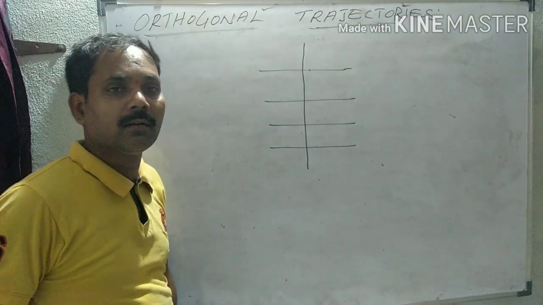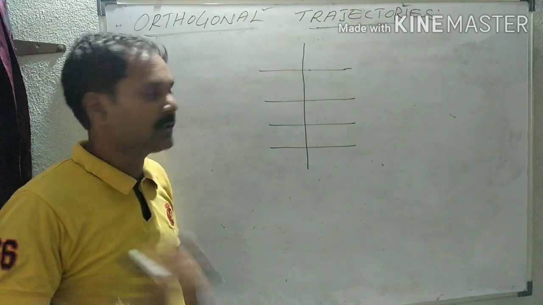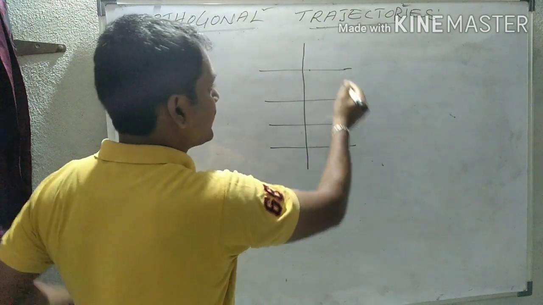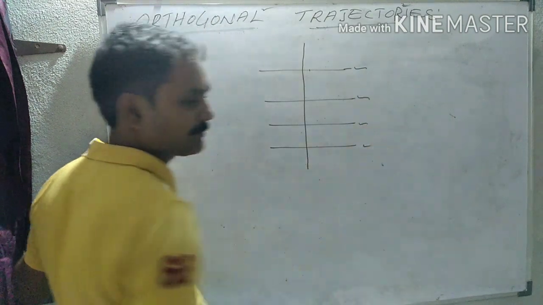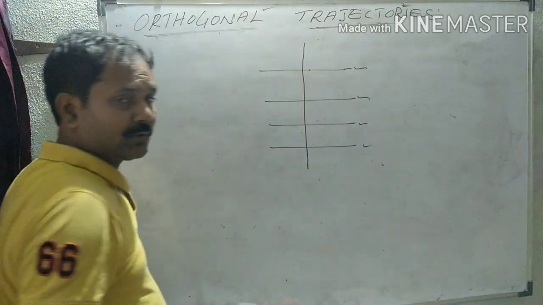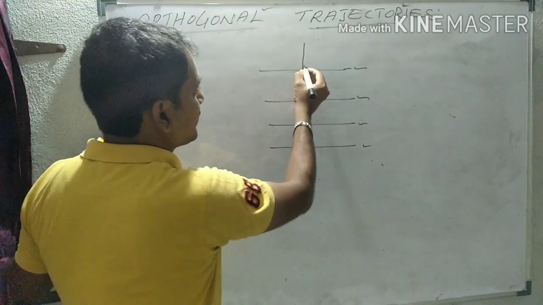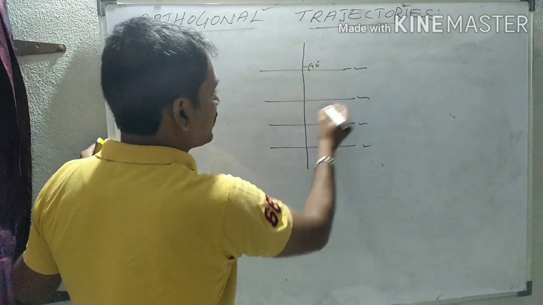From the figure, what can we say? We can say that here the line is perpendicular to each curve, isn't it? The line is perpendicular to each curve. That means the line makes 90 degrees with each curve.